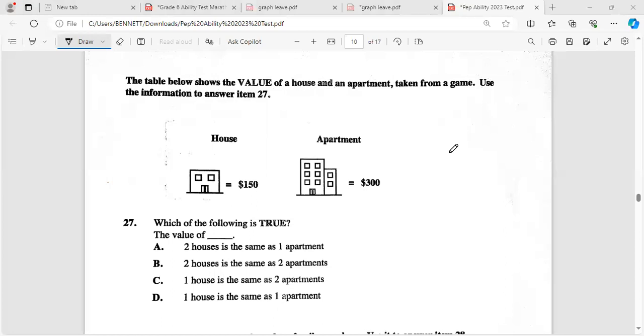One house is the same as two apartments, and one house is the same as one apartment. My answer is A. Two houses is the same as one apartment because $150 plus $150 would give you $300, and one apartment is $300. So it's A. Very good.